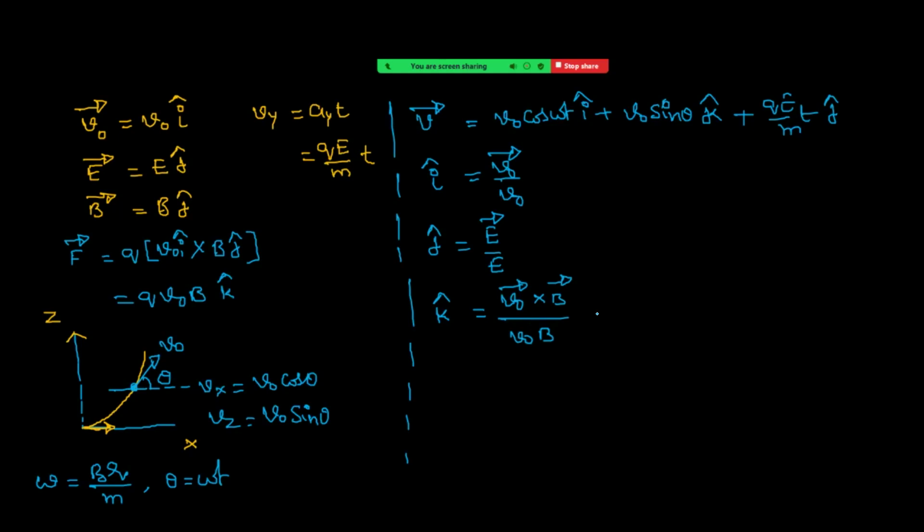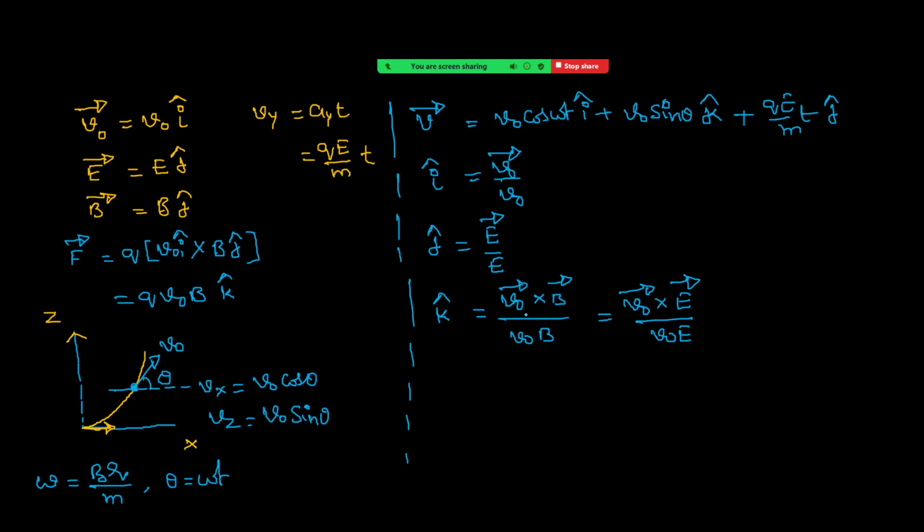Or the same thing I can write, because E bar and B bar are both parallel, as V naught bar cross E bar upon V naught E. Here we want to get K cap.